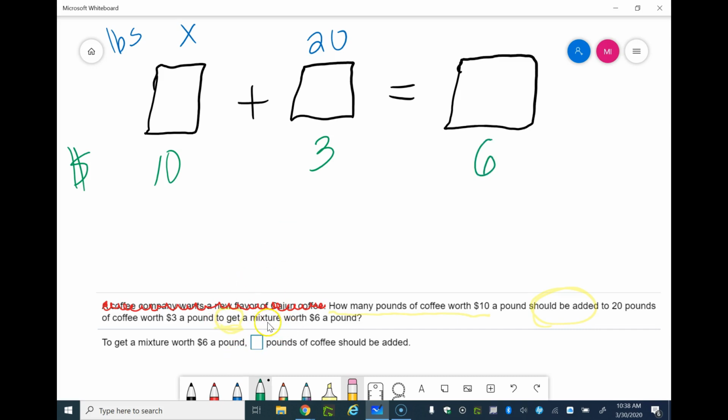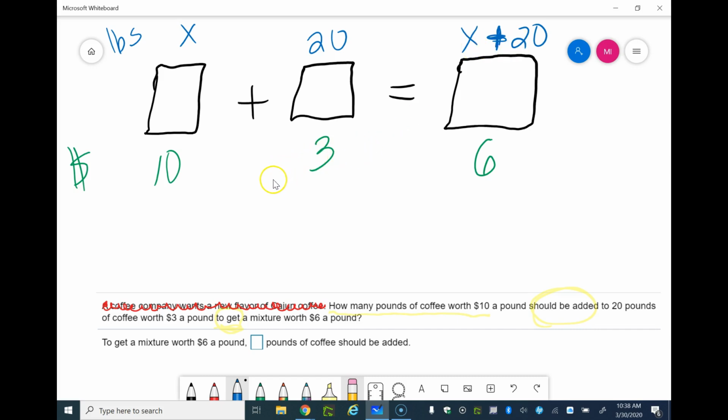But now, what does a mixture mean? If I take both the mixtures of pounds, this coffee can and this coffee can, and add them together, that's going to be my mixture. X plus 20. And notice I put X plus 20 because remember, we cannot add the X and the 20 together because they're not like terms.